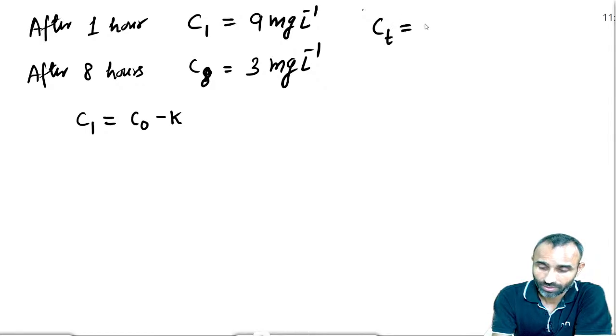That means Ct equals C naught e raised to power minus kt.